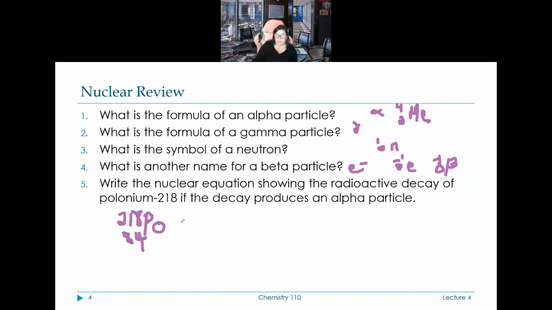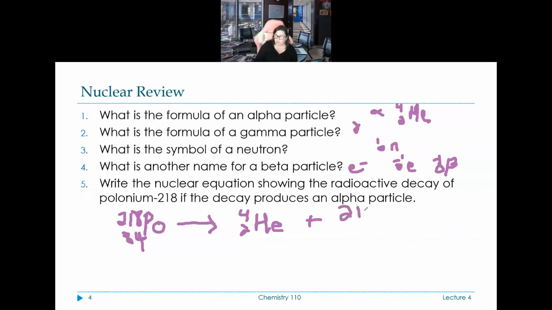Okay. And that's going to decay. And it produces an alpha particle, 4,2 He. But obviously that's not the only thing. There has to be something else over here. So we have to take the 218 minus the 4. That gives me 214.